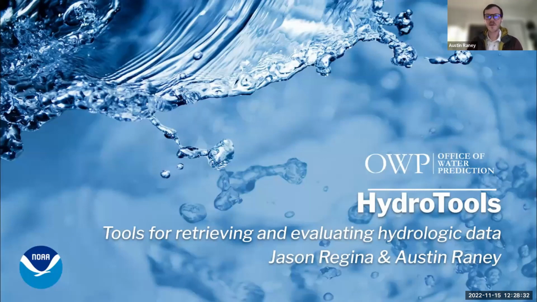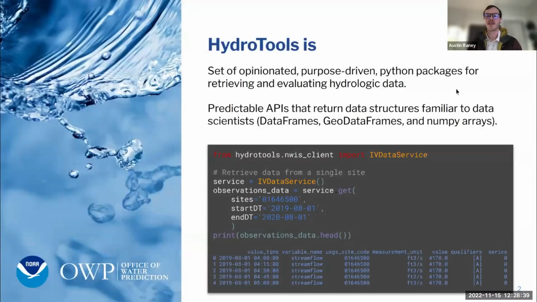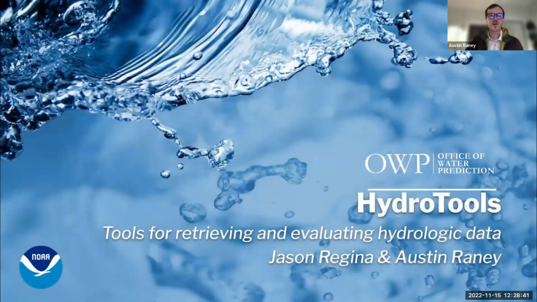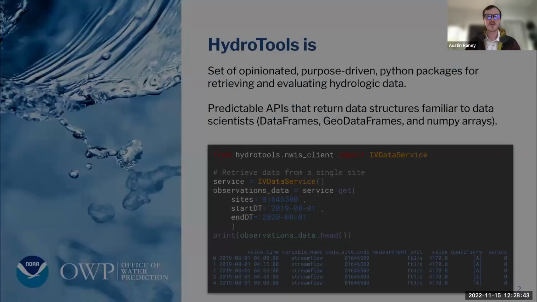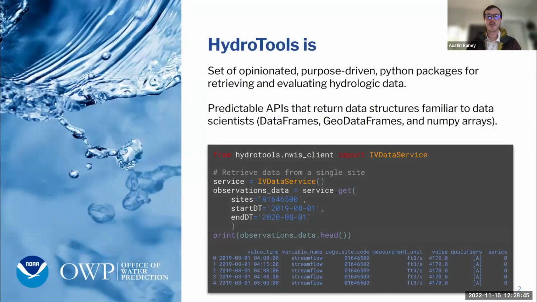Well, today we would love to introduce to you HydroTools, a tool for retrieving and evaluating hydrologic data. So what is HydroTools? HydroTools is a grab-what-you-need ecosystem of opinionated Python packages for retrieving and evaluating hydrologic data.